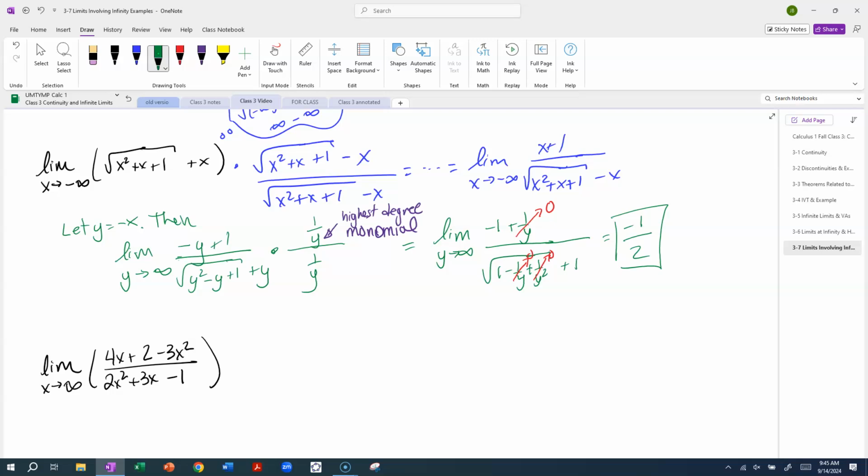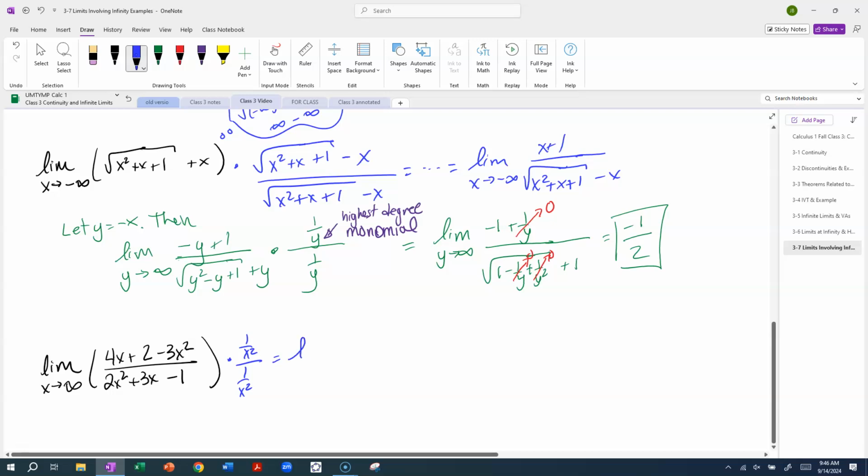I might have some ideas, which I'll verify in an informal way later. But what I'm going to do is repeat the strategy of multiplying by the highest degree monomial to numerator and denominator. So what I want to do is multiply by 1 over x squared times 1 over x squared to every single term.